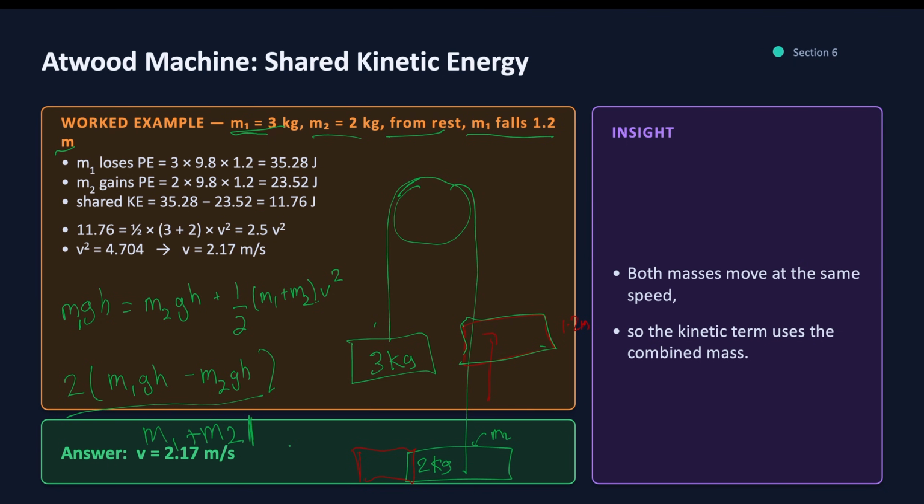Which is just 5. Okay. But there's one last step. This whole thing is equal to v squared, right? So I have to take the square root of this. So I'm going to get the square root of 4.704, which is just 2.17 m/s, approximately. It's actually 2.168, but I can round it up to 2.17. Okay? So that's how you do an Atwood machine using energy principles.